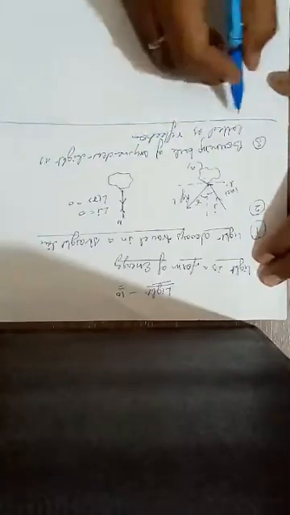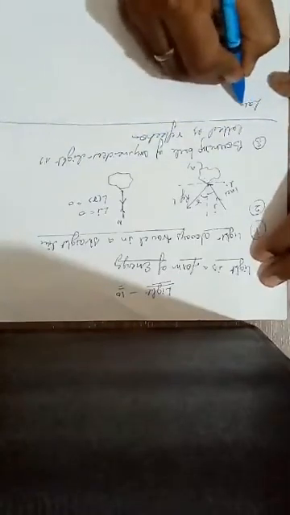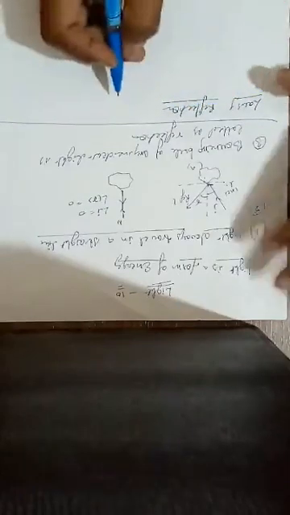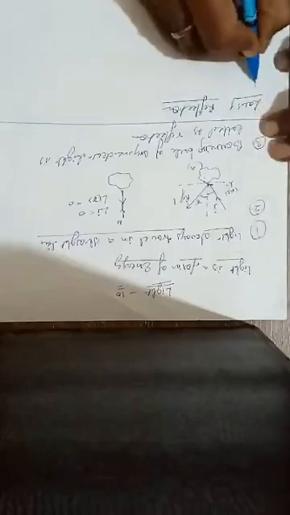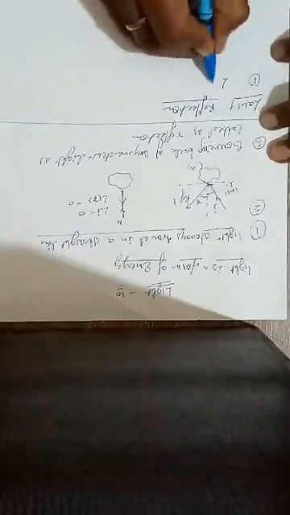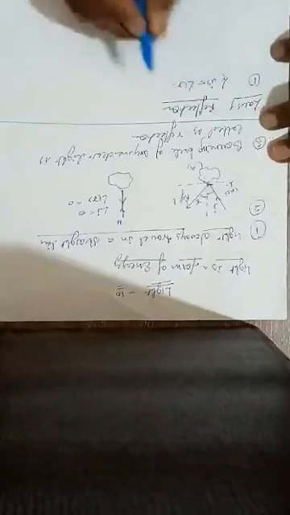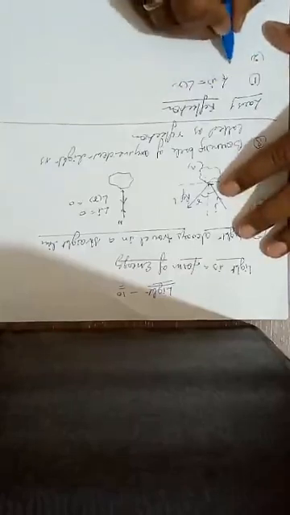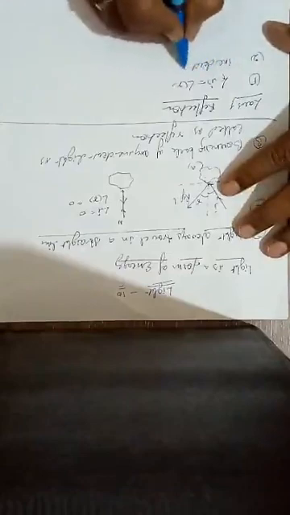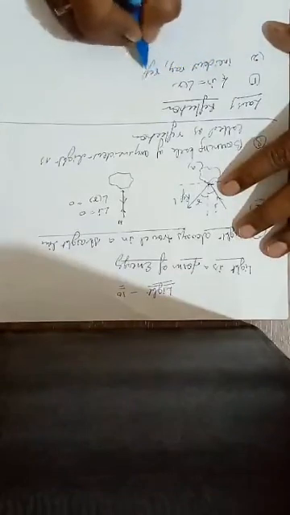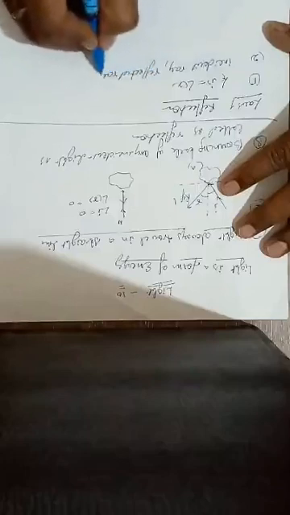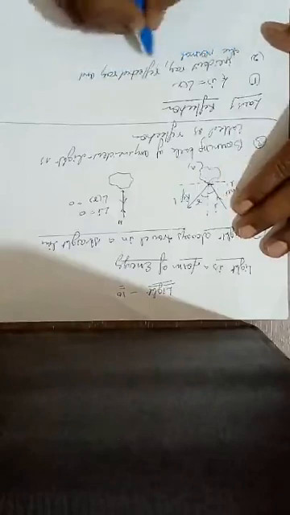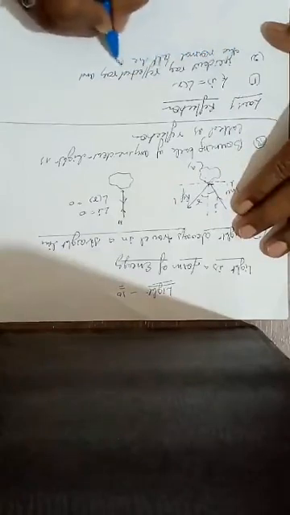Now we are coming to the laws of reflection. Laws of reflection consist of two laws. Number one, the angle of incidence is equal to the angle of reflection. Number two, the incident ray, the reflected ray, and the normal all lie on the same plane.